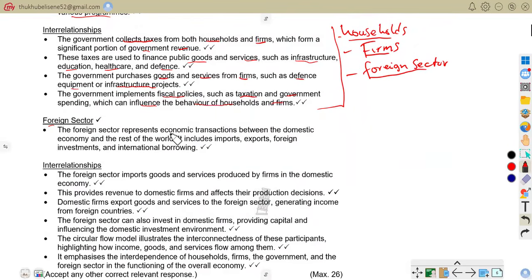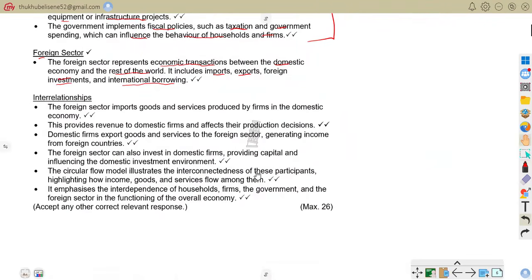The foreign sector represents the economic transactions between the domestic economy and the rest of the world. This includes imports, exports, and foreign investment. That's when we talk about the foreign sector. So now let us come to the interrelationship to households, firms, and government.